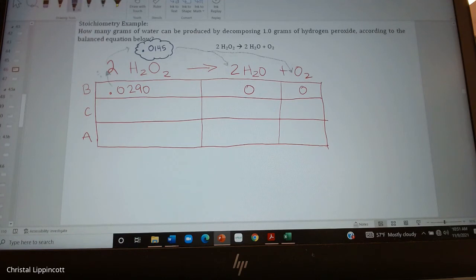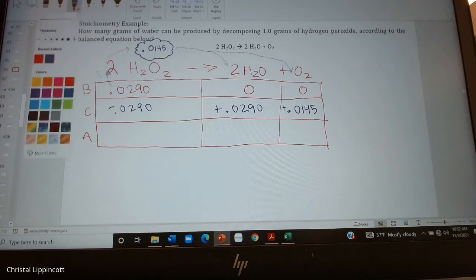Now, for this side, I'm going to subtract that amount because I'm using it up to make the stuff over here, so they get added. And then my change amount down here is how much I've got left over.